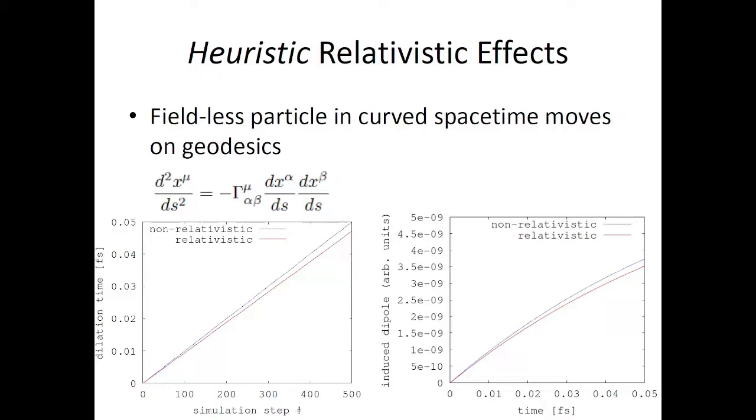And if we do that, what we observe is that we can really see the phenomenon of time dilation, or we can also see that the induced dipole of some system is going to shift with time because of relativistic effects. Of course, all of this needs to be further investigated, but this is already an indication that we might be able to do relativistic quantum mechanics in a very different way than has been done so far.